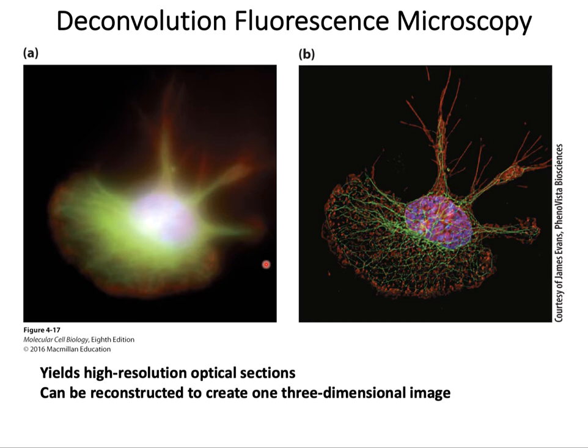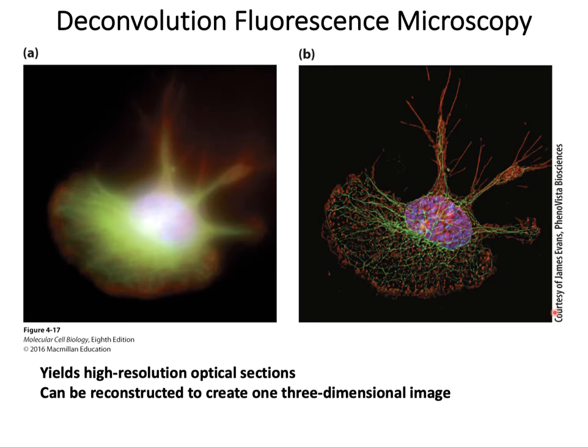So how does this microscope work to get a final sharp image? The microscope focuses individually on each plane and collects the optical data or the fluorescence from that plane only, and cancels all the noise or the out of focus light.